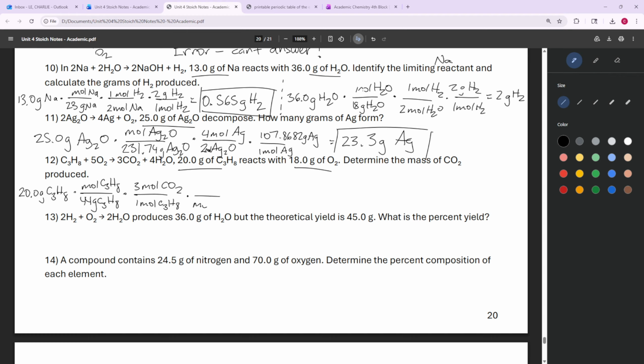Finally, for every mole of CO2, 44 grams. That will equal, calculations, 20 divided by 44 times 3 times 44 is 60.